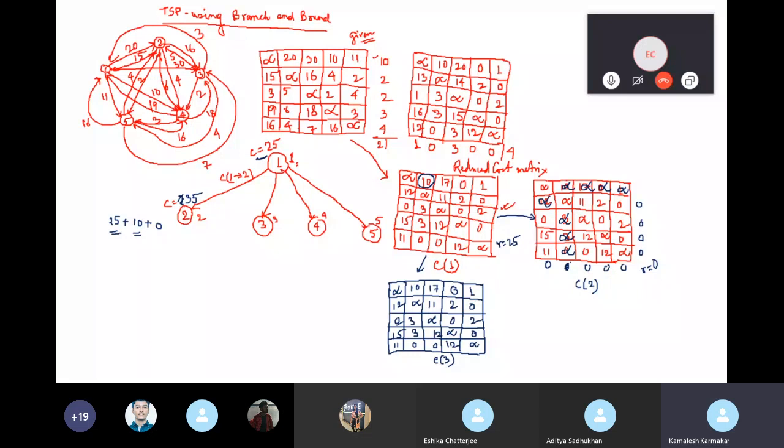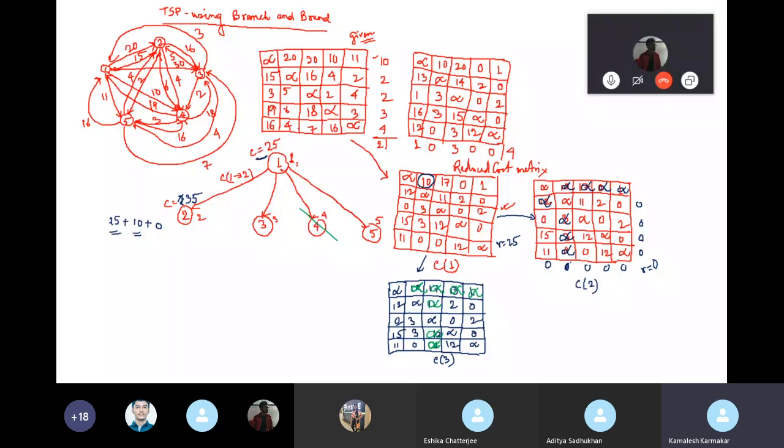All the values of row 1 will be marked as infinite, and column 3 will also be marked as infinite. As it's vertex 1 to vertex 3, that's why row 1 and column 3 will be marked as infinite.